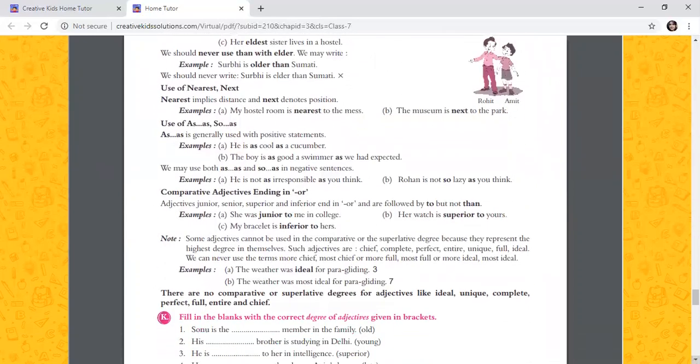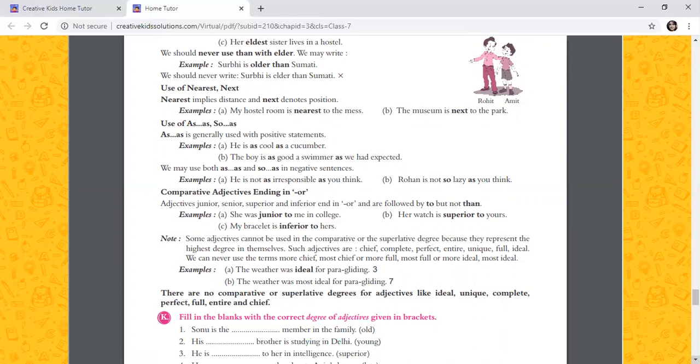Uses of as and so as. As is generally used with positive statements. One example of as is: he is as cool as a cucumber. The boy is as good a swimmer as we had expected.